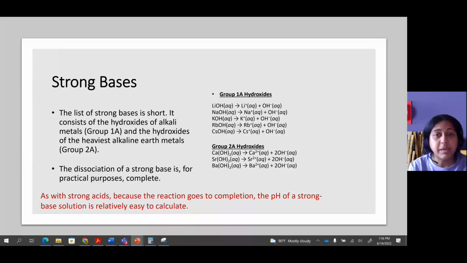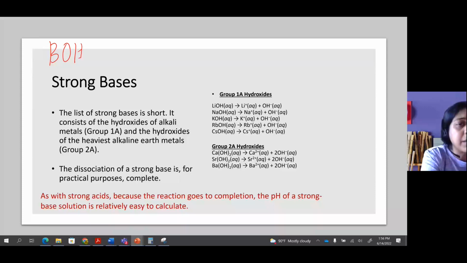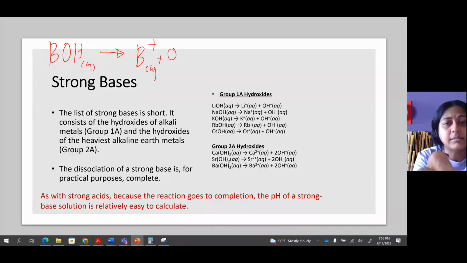Strong bases also ionize completely. If I draw a strong base like this, again with one arrow, we get two ions, the hydroxide ion and the metal ion.